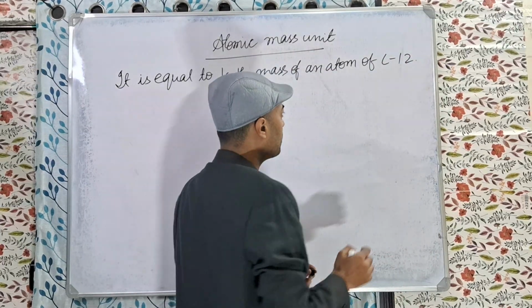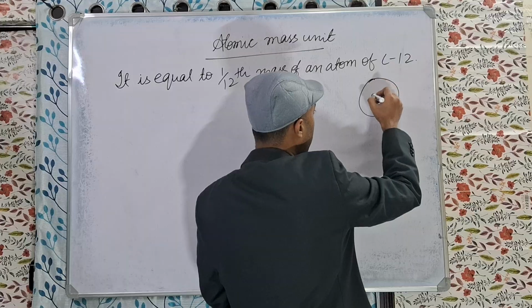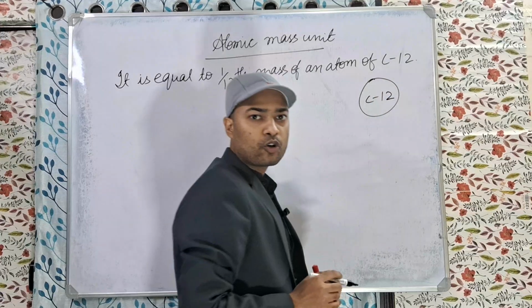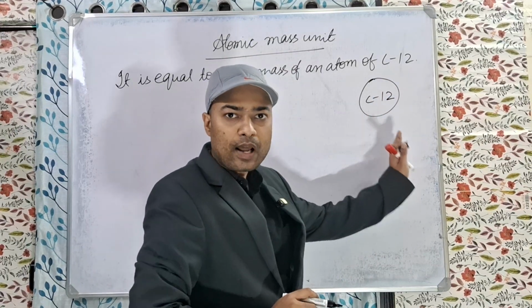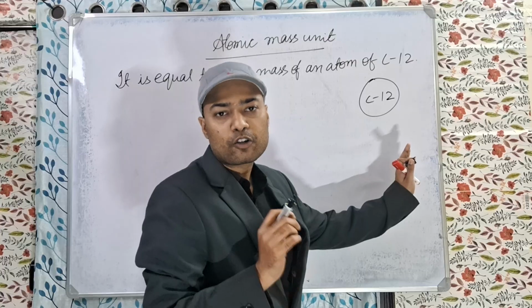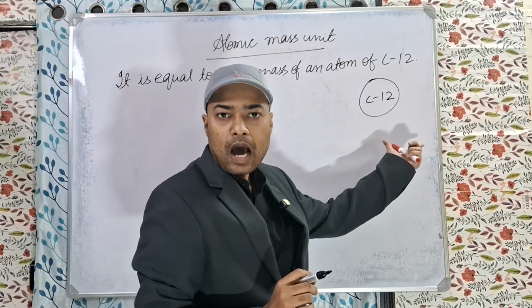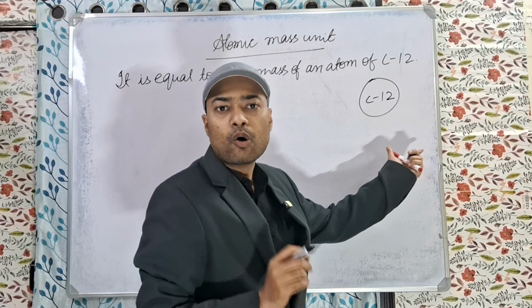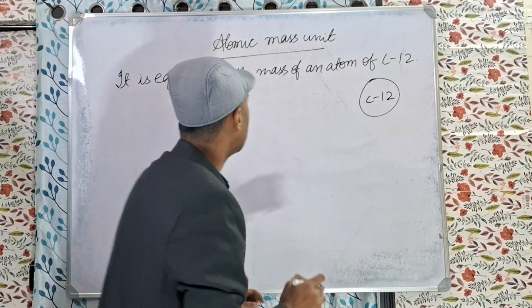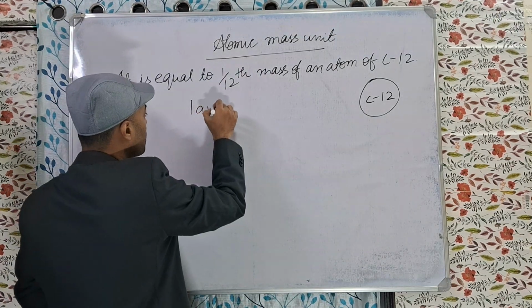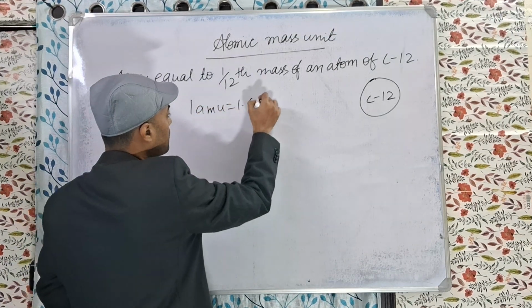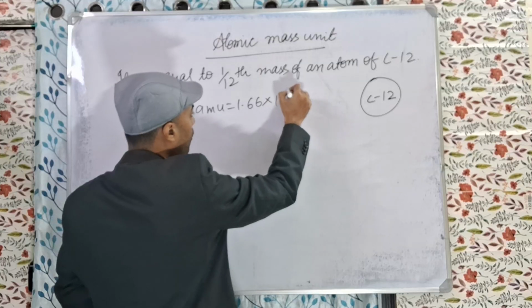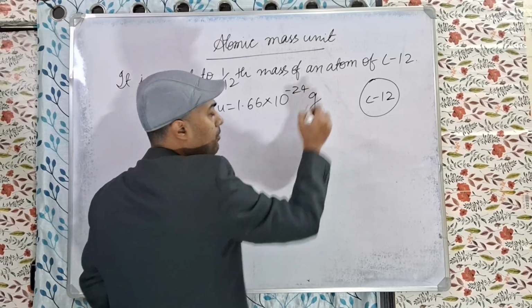That means if this is an atom of carbon 12 isotope and you divide it into 12 parts, then every part of the carbon 12 isotope atom will be equal to 1 AMU, and 1 AMU is equal to 1.66 into 10 to the power of minus 24 grams.